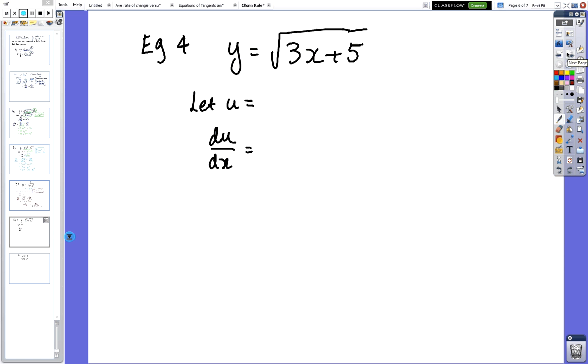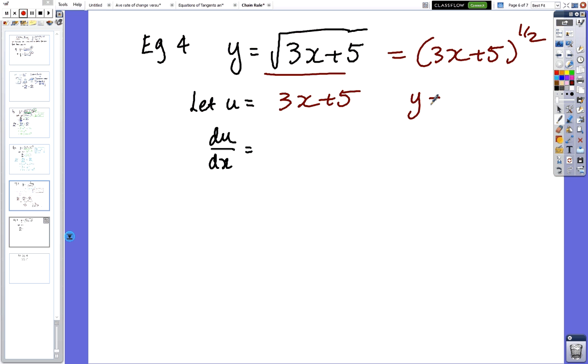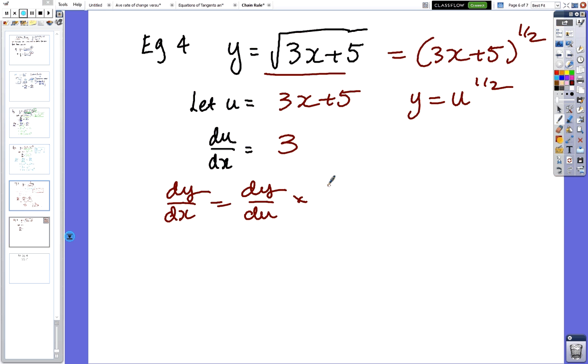So let's do one now with a fraction. The first thing you do is, this is 3x plus 5, and the root sign is a fractional indice. So u equals 3x plus 5. The function is y equals u to the half. And now we just keep going. du dx equals 3, as always. dy dx equals dy du times du dx.